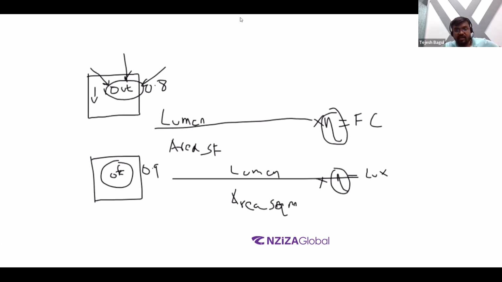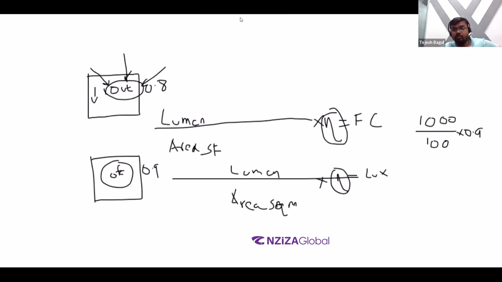All right. So let's say in a given space we have 1000 lumens of light fixture, and the area of that space is 100 square feet, and it is an indoor setting that we are talking about.